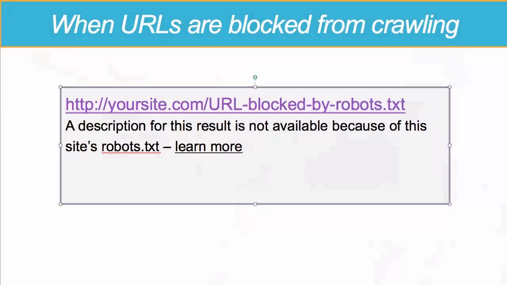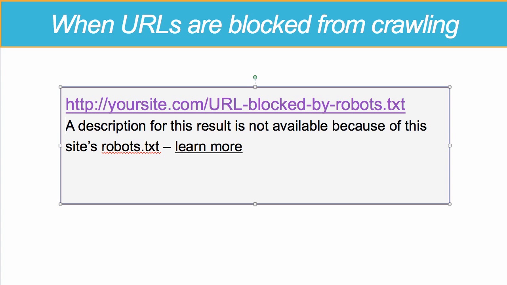So crawling and indexation are separate things, and if you prevent the search engine from crawling that page, the problem is that that page gets indexed with not very descriptive information. So if you see a listing in the search engine result pages that looks something like this, it means that your URL is blocked in the robots.txt file, but that Google found the page anyway.